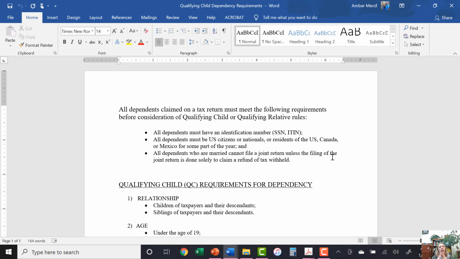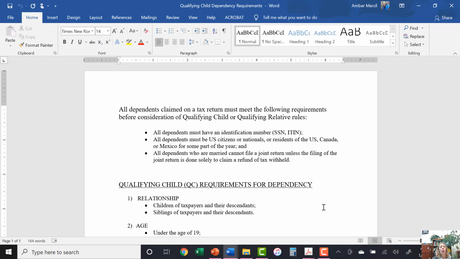So general requirements. In order to be a qualifying person, you have to meet these requirements right here. All dependents must have an identification number, either a social security number or an ITIN or an adoption identification number, whatever happens to be, any of those are okay. All dependents must be U.S. citizens or nationals, or residents of the U.S., Canada, or Mexico for some part of the year.